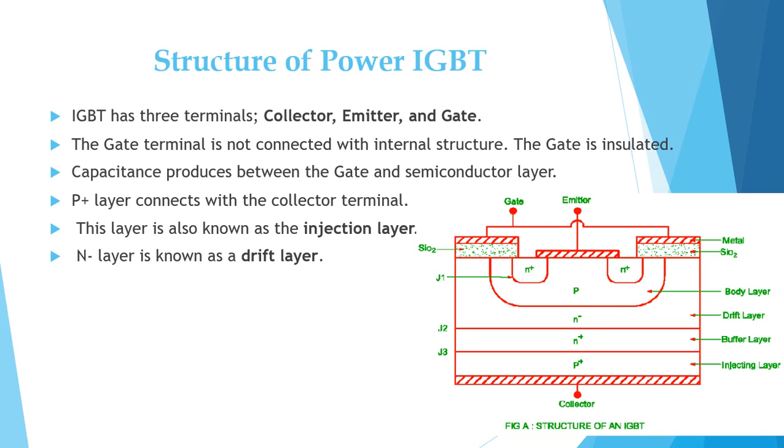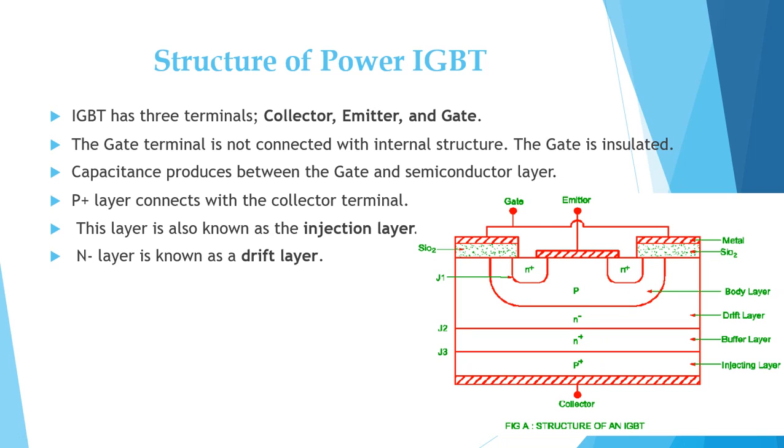The N plus region we can call the buffer layer. The N minus region is the drift layer. The drift layer will improve the switching speed of the device and the voltage handling capability as well. And P is the substrate, it is the body layer.